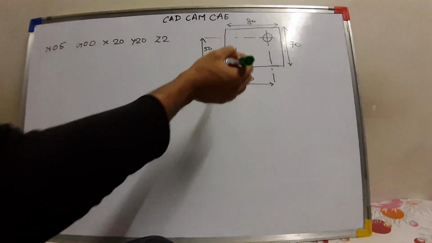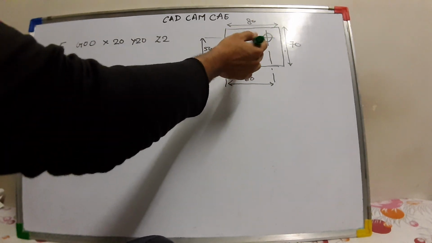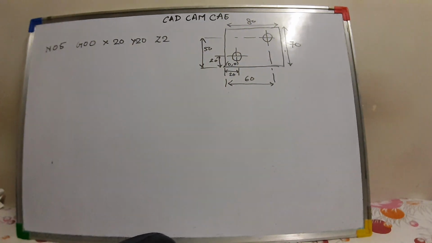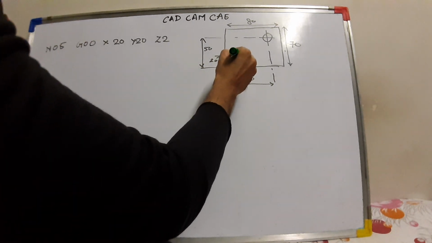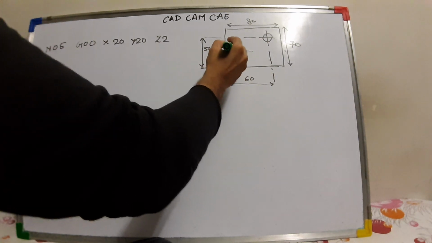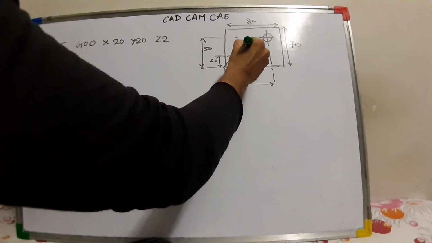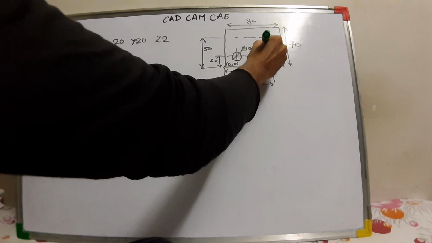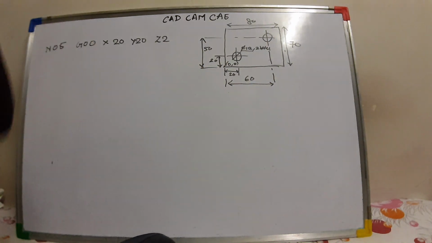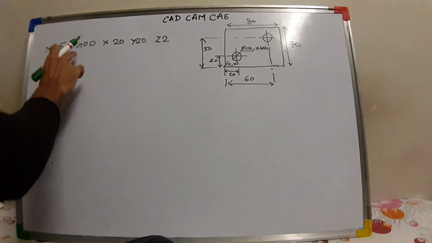Okay, so we are supposed to drill holes. Okay, we are supposed to drill 2 holes. Okay, so what will be the diameter? The diameter is 12. All right, for 2 holes. Okay, so here you can see this is the first program G00.